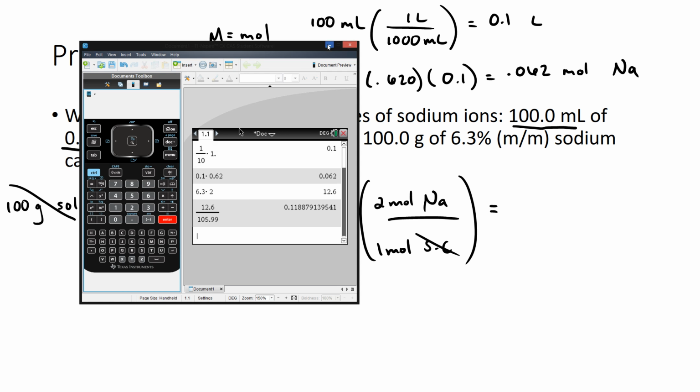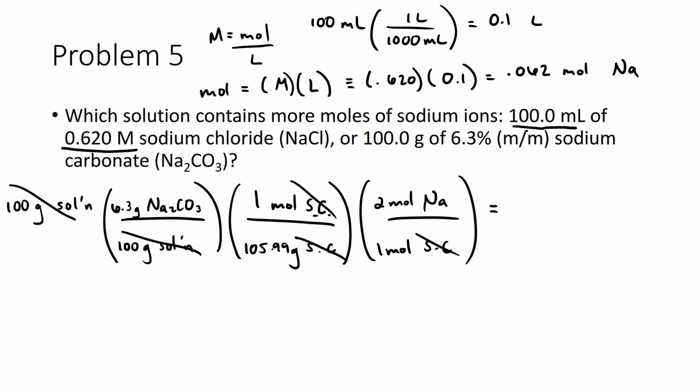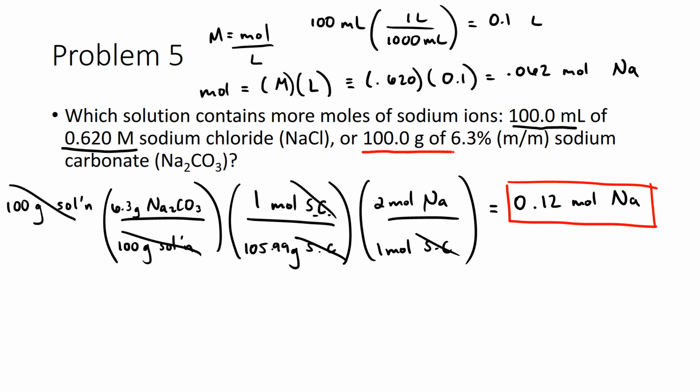And we have 0.12 moles of sodium. So as you can see, 0.12 moles of sodium ions is going to be more than 0.062. So the solution that contains more sodium ions is going to be the solution that is 6.3% sodium carbonate.